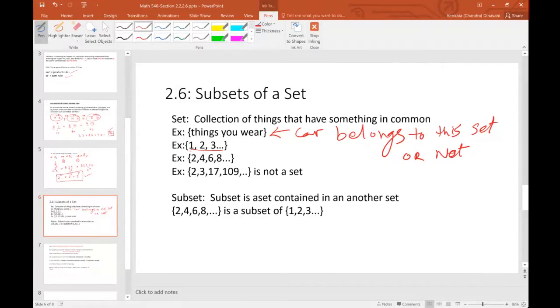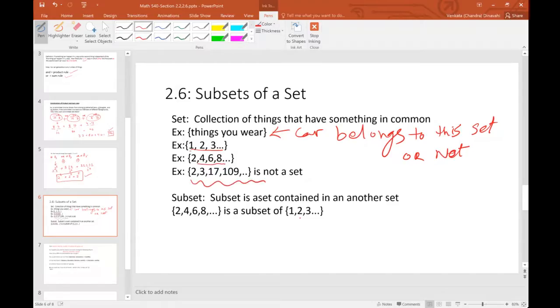So that is a set. 1, 2, 3, these are a bunch of natural numbers. So if I give you the number 10, 10 belongs to this set. Minus 5 doesn't belong to this. This is all even numbers. For example, 15 doesn't belong to this set, whereas 14 belongs to this set. So they should have something in common which tells you whether something belongs to this set or not.